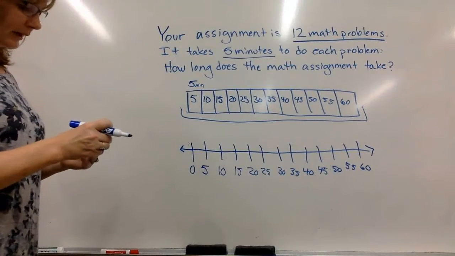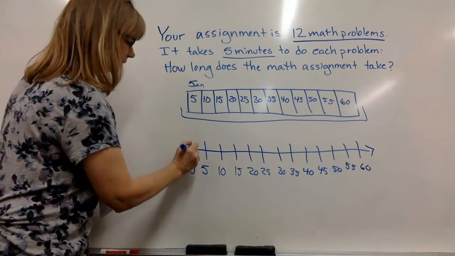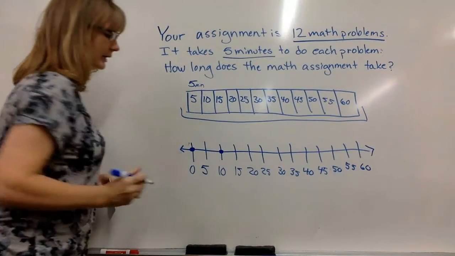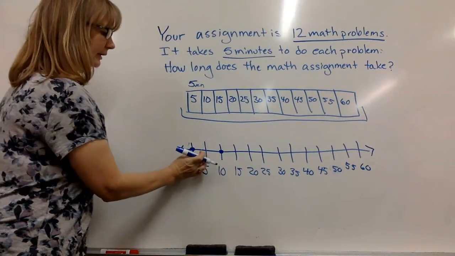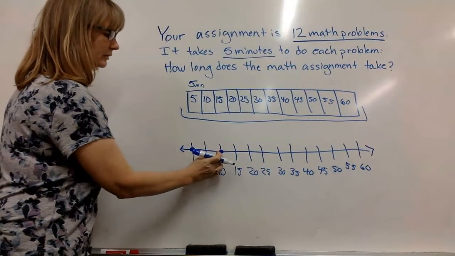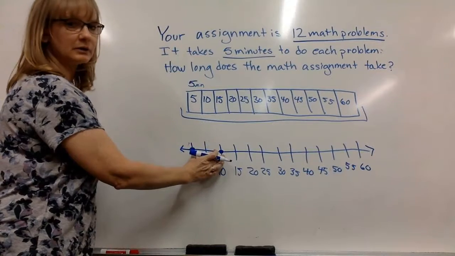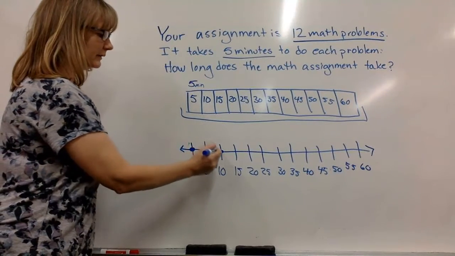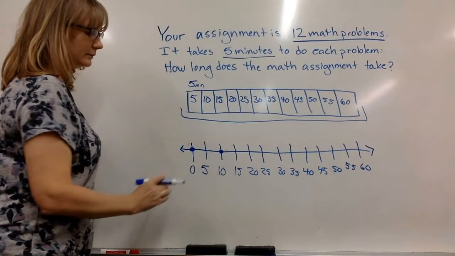How much time would there be from the 0 point to the 10 point? Right here is 5 minutes, and here is 5 minutes. So how much time would go by from here to here? That would be 5, 10. 10 minutes from 0 to 10.